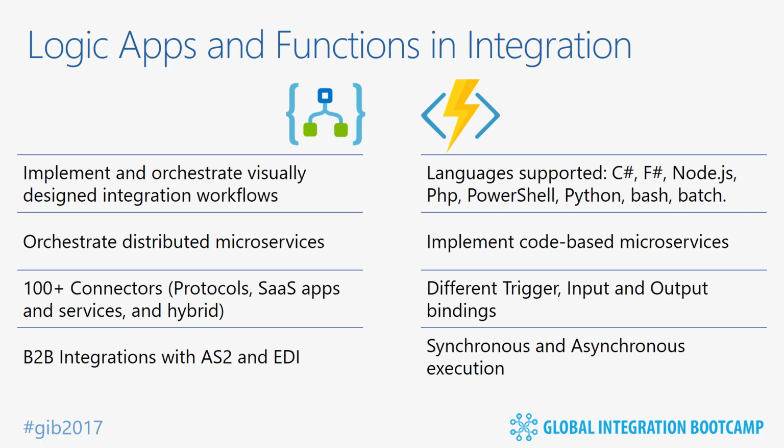Whereas the Azure Functions also has integration capabilities with a limited set of inputs and outputs. I'll show you what that looks like very shortly. And of course, logic apps have the ability to host B2B integrations with EDI and AS2, and the functions are really just giving you synchronous and asynchronous execution.